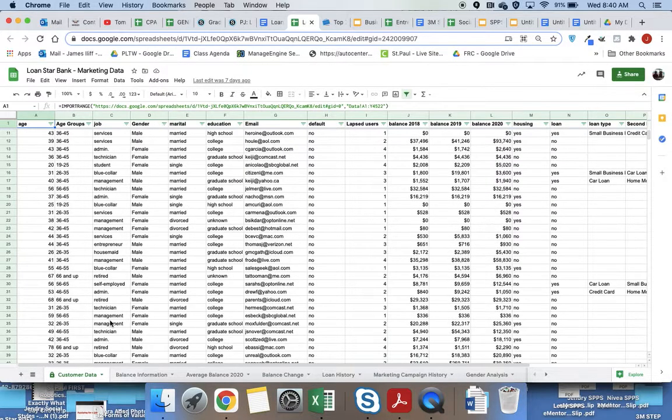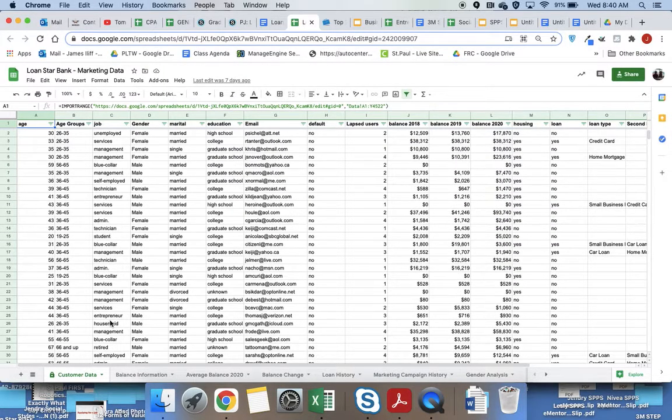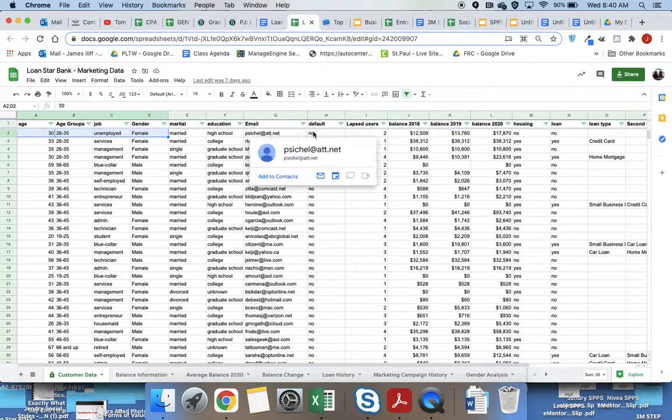This is the data, the customer bank data. Each one of these rows here is a person. You can see that this person is 30 years old, unemployed, female, married, and has a high school education. Here's their email address, and then some other information like, have they had a loan with Lone Star before?